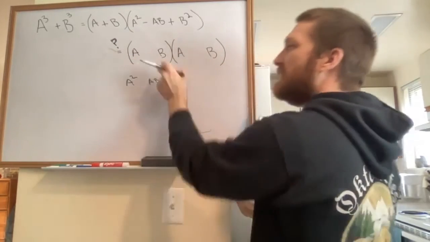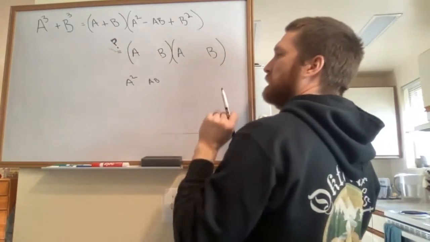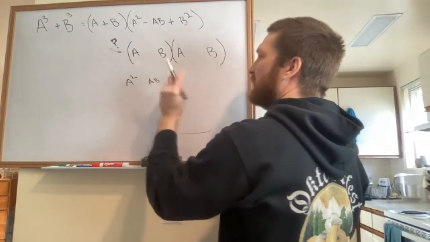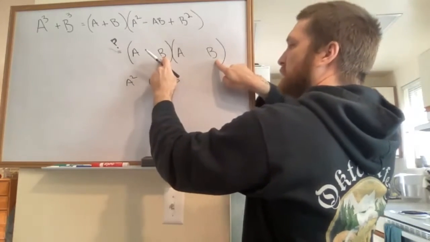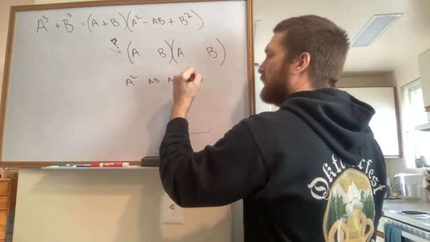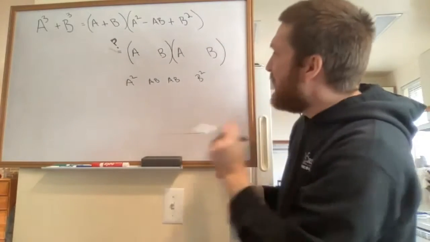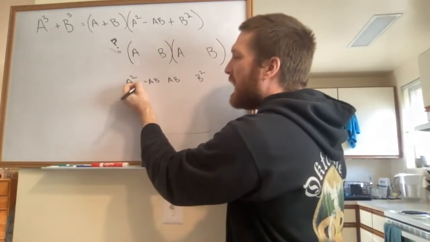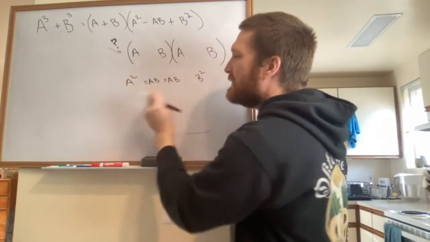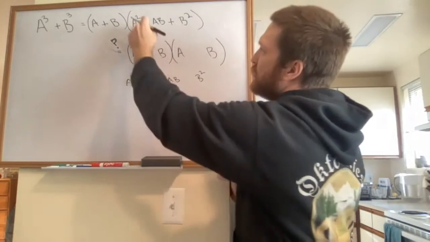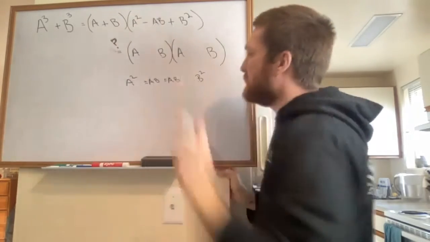AB. The inner gives me AB. And the last gives me B squared. And now the question is, is there any way to add or subtract these guys to give me just 1 minus AB?